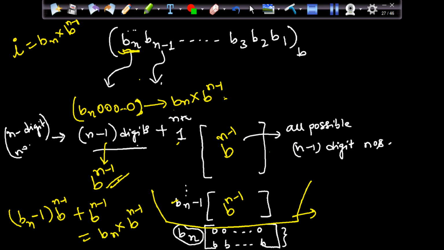In a similar way, you can say that b_n-1 means b_n-1 0 0 0, so it corresponds to b_n-1 into b to the power n-2, and so on. What does b_3 correspond to?